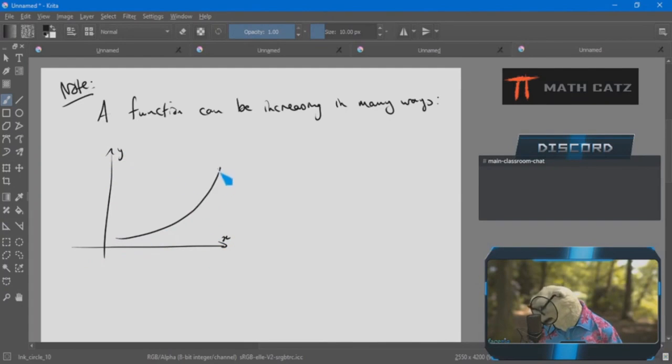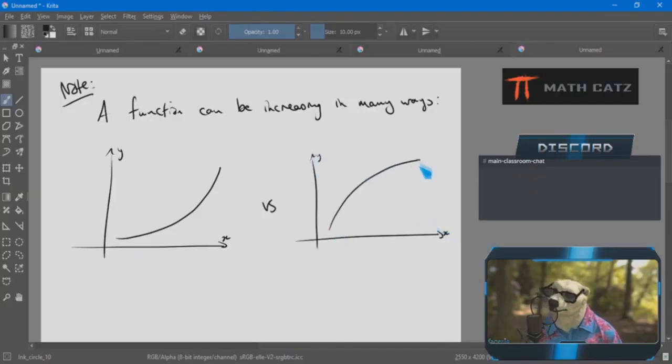It can be increasing like this. That's definitely uphill. But it can also be increasing like this. They're both increasing. Any tangent line has a positive slope. And just saying, oh, it's increasing there, that doesn't quite tell me the shape of that graph.